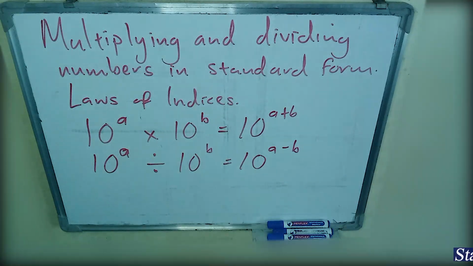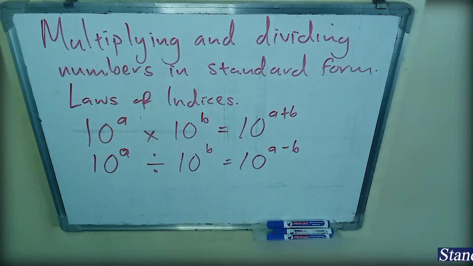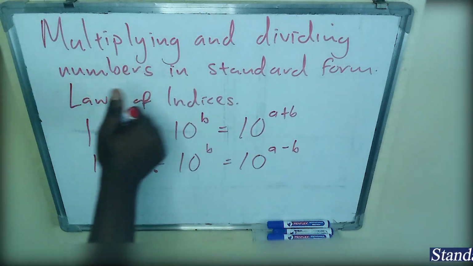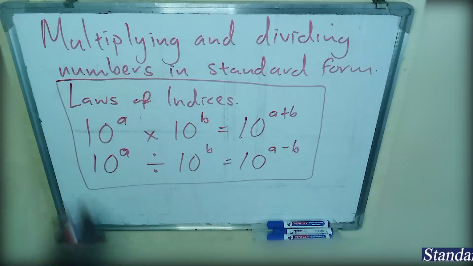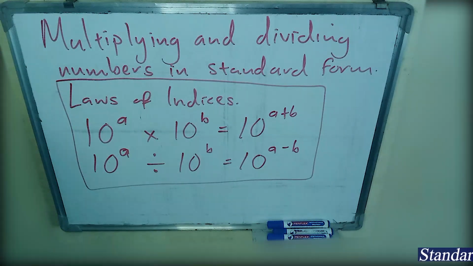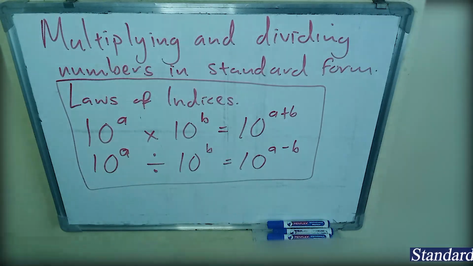So if a was 2 and b was 1, it would be 2 minus 1, and your answer is 1. These are the laws of indices that we are going to apply when multiplying and dividing numbers in standard form, especially when simplifying the powers of 10.